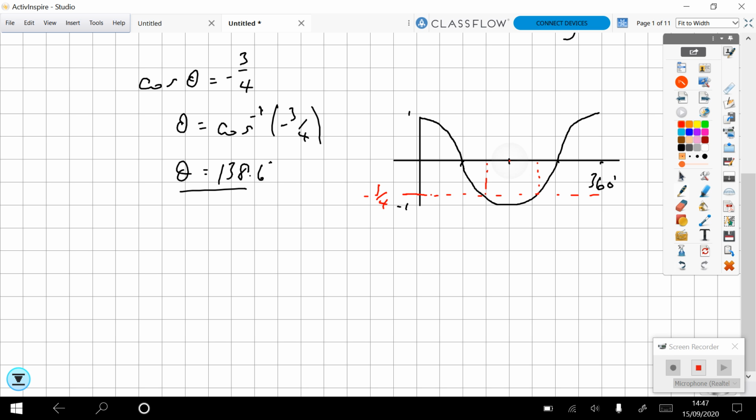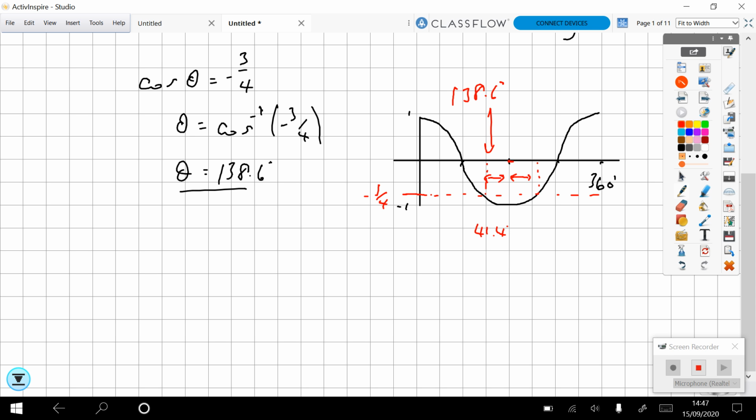Now this is the 180 degree mark here. So this must be the 138.6 degree solution that the calculator found for us. In here there is a gap up to 180 degrees. And that gap will be matched perfectly by that gap because of the symmetry of the graph. Now that gap is 41.4 degrees.